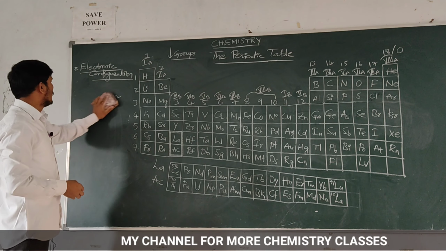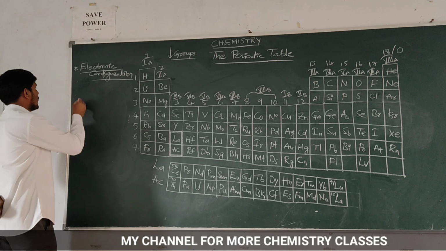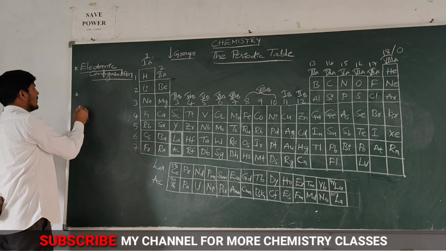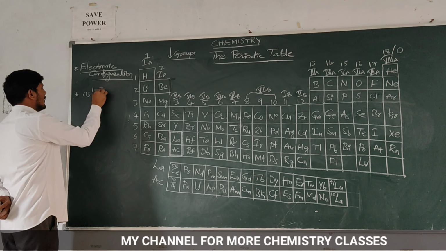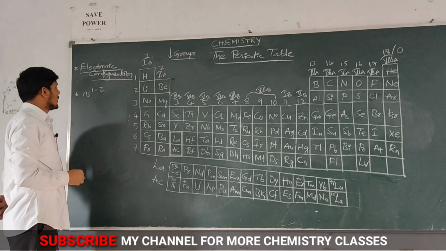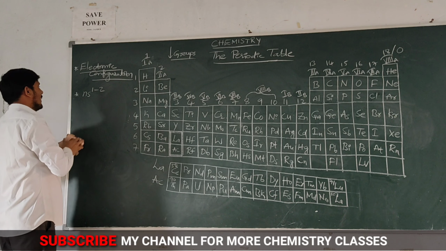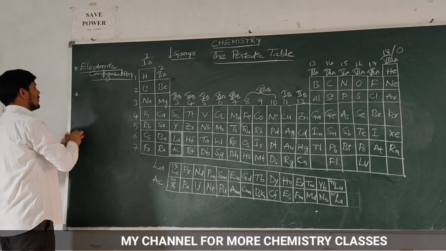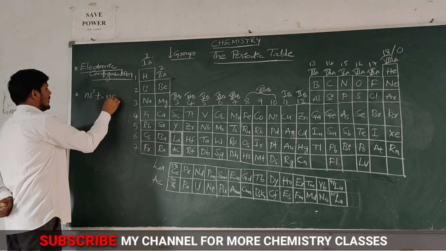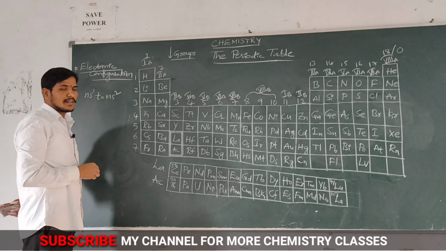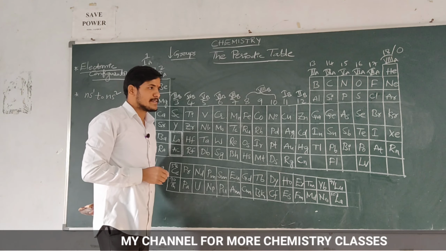Next, what is the general electronic configuration of s block elements? It is ns1 to ns2. This is the general electronic configuration of the s block elements.